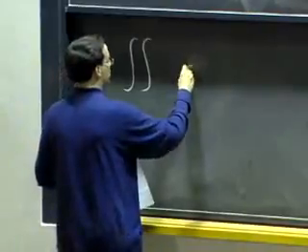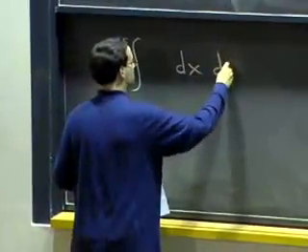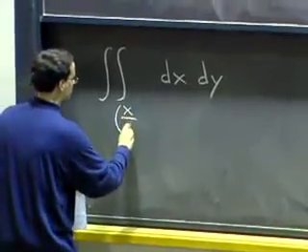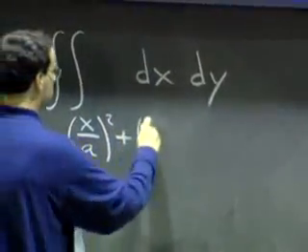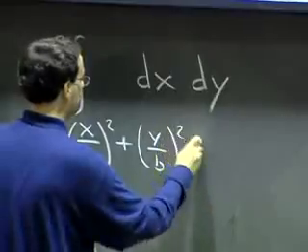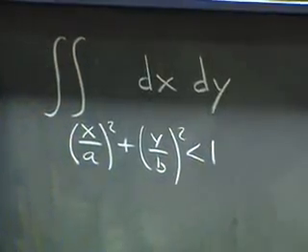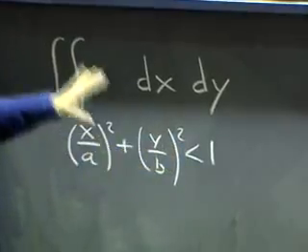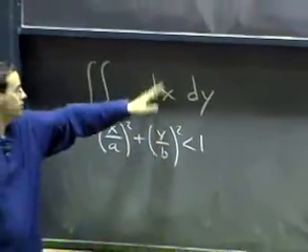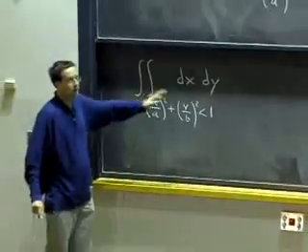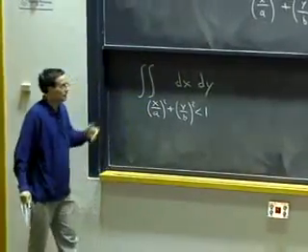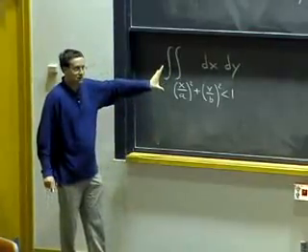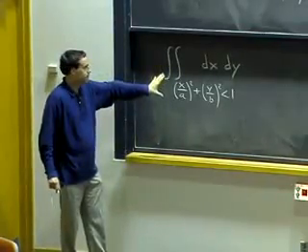So we want to integrate just the area element, dx dy, over the region inside the ellipse, that's (x/A)^2 + (y/B)^2 less than 1. Now, we can try to set this up in terms of x and y coordinates, set up the bounds by solving first for x as a function of y, if we do it in this order, and do the usual stuff. That doesn't look very pleasant, and it's certainly not the best way to do it.